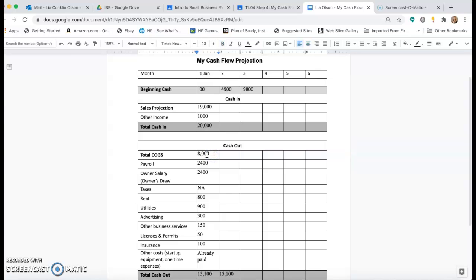And how you decide on the COGS is you have to determine the cost of goods sold per how many units you plan to sell. So you're going to look at your sales projection. You're going to see how many units you plan to sell. You are going to multiply that by the COGS for that unit.